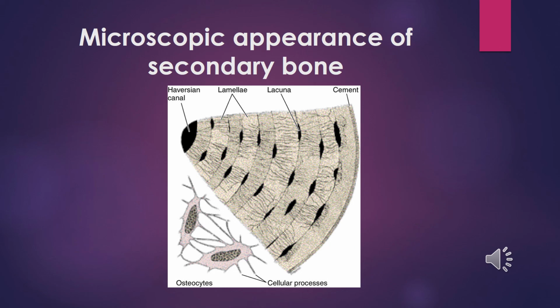Students, this scheme shows the position of lamellae and the position of osteocytes between lamellae. The black color between lamellae is osteocytes, and osteocytes are joined one to another by processes and form a very strong structure.